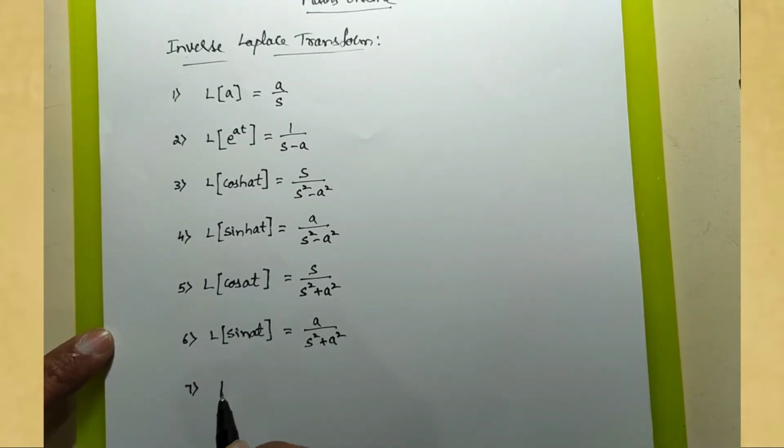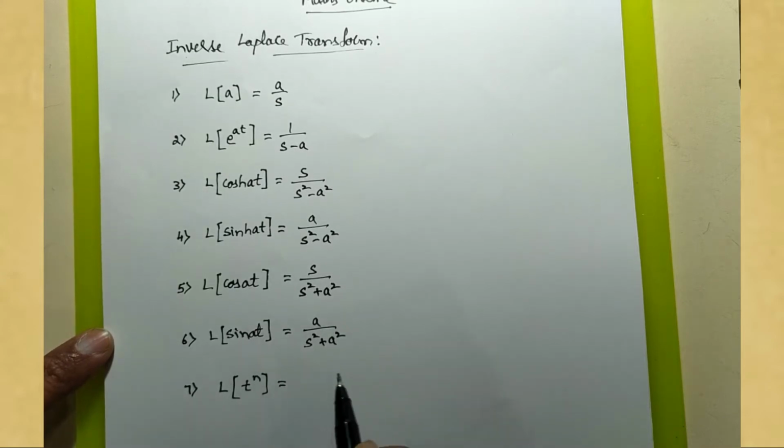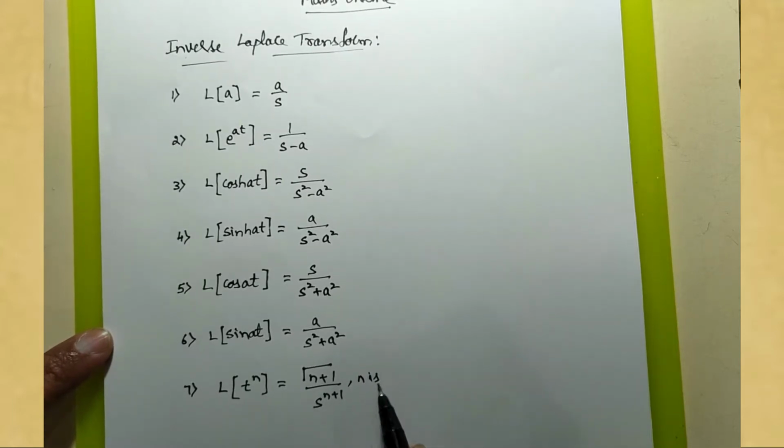Then Laplace transform of t power of n, its formula is gamma of n plus 1 divided by s power of n plus 1. In this case, n is any constant.